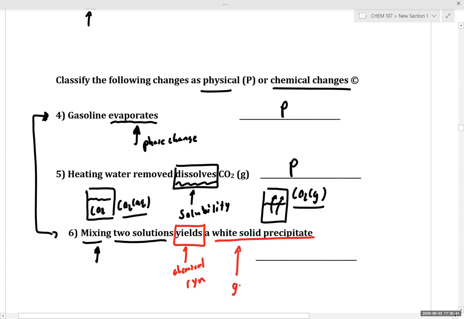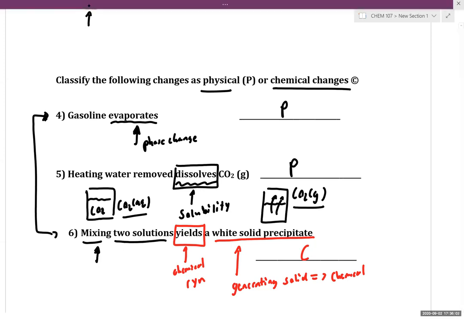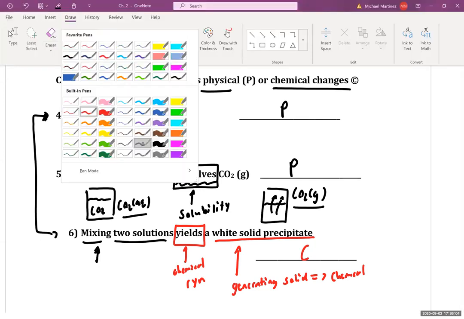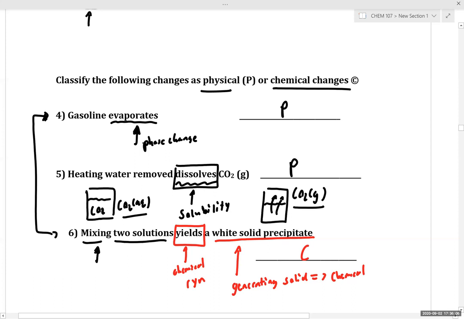And since we are generating a solid, if we're making a new chemical species, what does that tell us? That we're dealing with a chemical change. So this would be a chemical change. Do these examples make sense to everyone? Are there any questions that I can address?